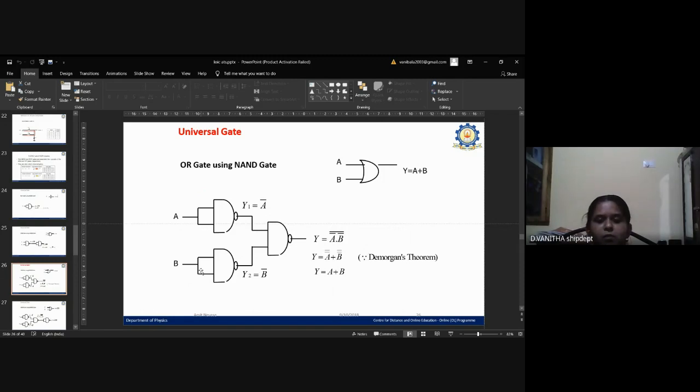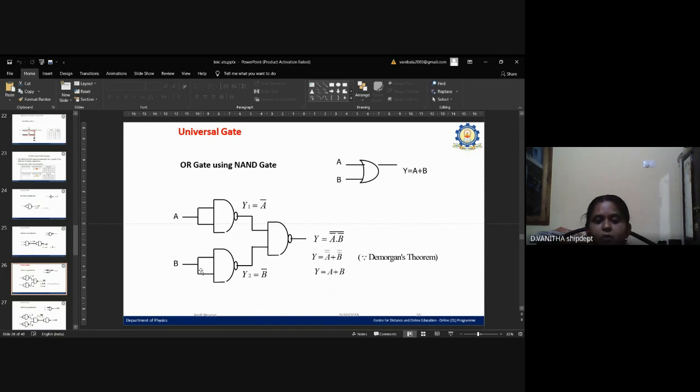By using De Morgan's theorem, we get the output y equal to a bar dot b bar the whole bar. By using De Morgan's theorem, that simplifies to a double bar plus b double bar.